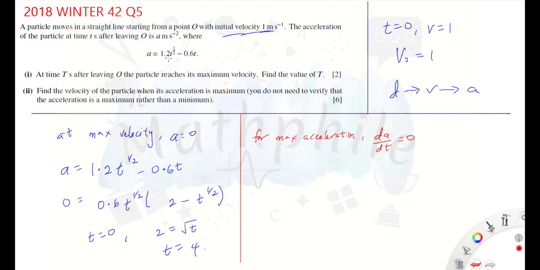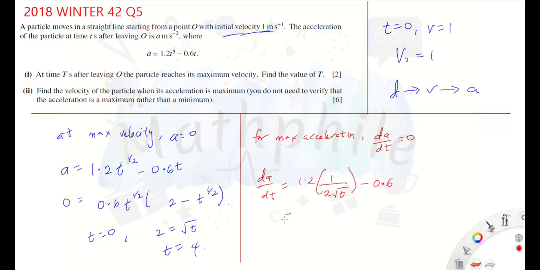So da/dt, we need to differentiate this. da/dt is going to be 1.2 times 1 over 2 root t. I told you there is a way to differentiate a radical function with ease. You'll be taught in pure math, so don't worry.